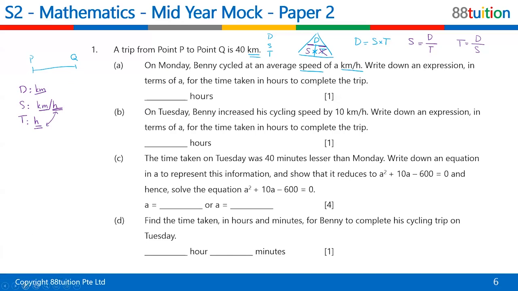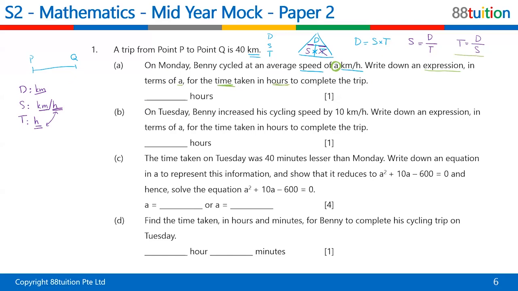The question says, on Monday, Benny cycled at an average speed of 8 kilometers per hour. So this is my speed right now. Write down an expression in terms of A for the time taken in hours to complete the trip.